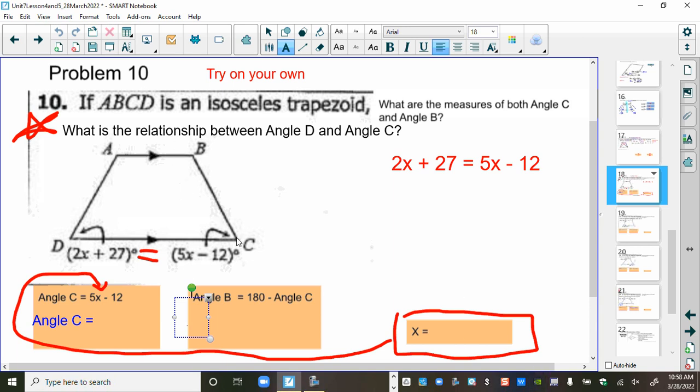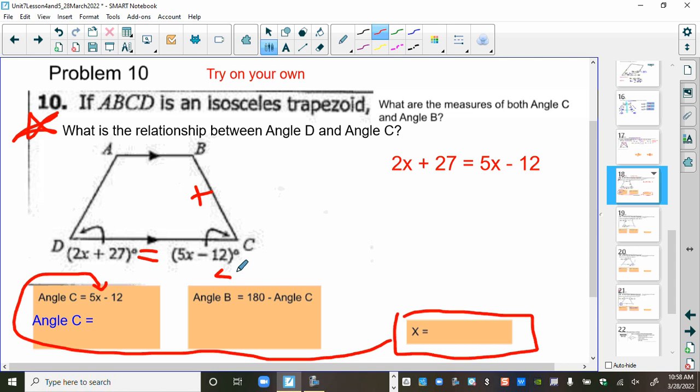Remember, C and B have to add up to 180. Do we agree? Okay, so that's what I'm telling you. So angle C plus angle B, I'll just write it here: measure of angle B, angle C. That's why I'm breaking it down.